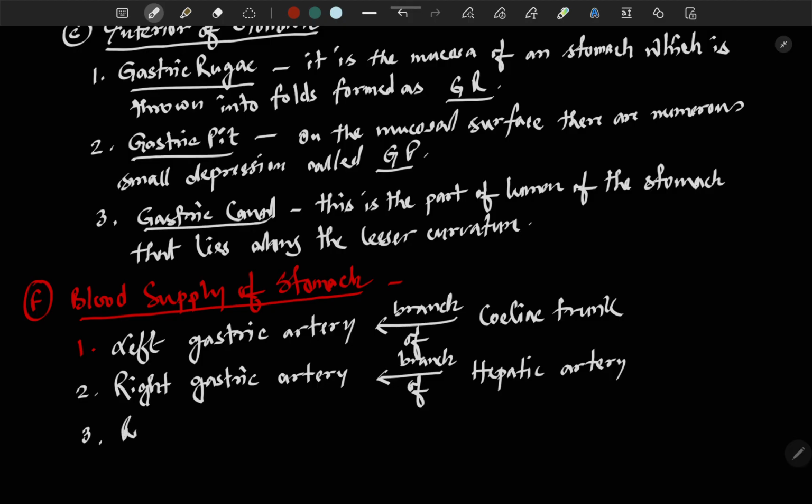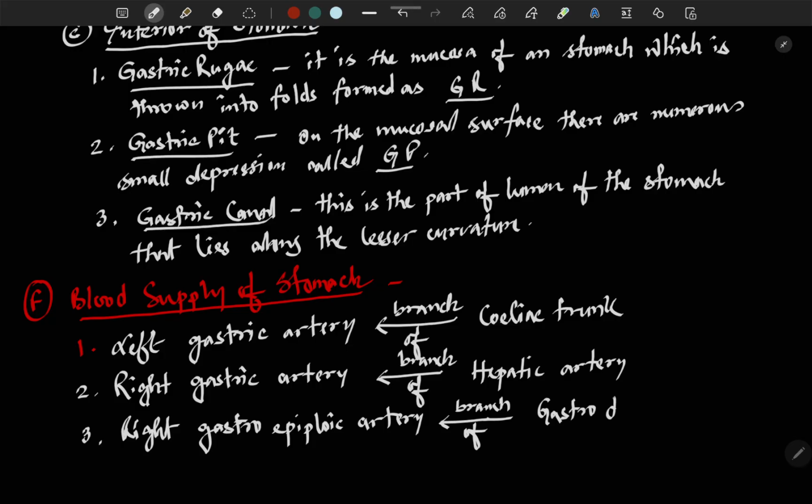Number 3, right gastroepiploic artery, which is a branch of gastroduodenal artery.